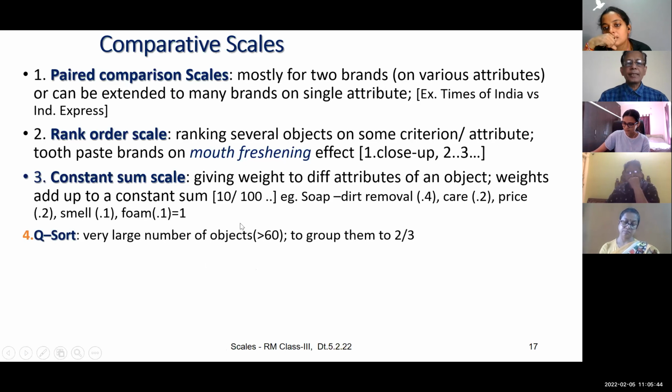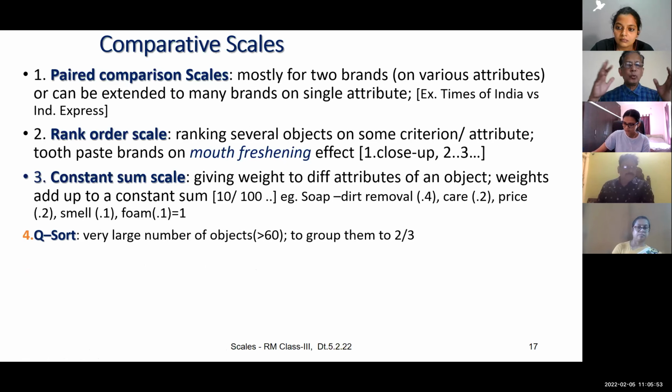The next one is Q-sort, which is usually applied in rural management research. When they move to villages and they want to group different objects on similarity, mostly say the perception, practice, and beliefs of villagers on different gods, suppose, or maybe religion, okay?